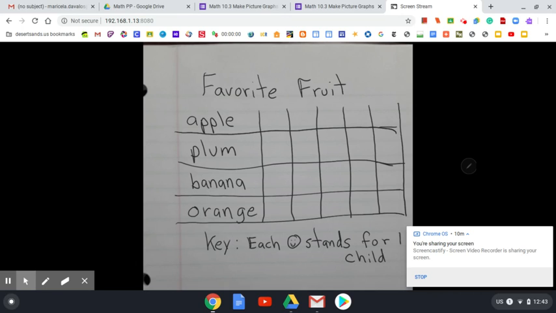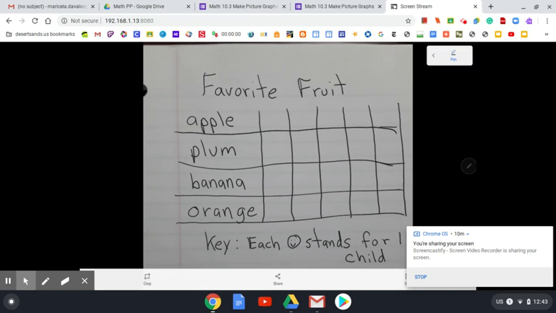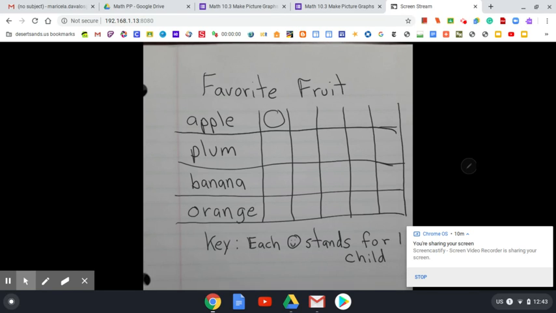So you don't have the information here, but I can tell you the first one is apples and has 4 tally marks. So I would have to draw 4 circles to represent that information.